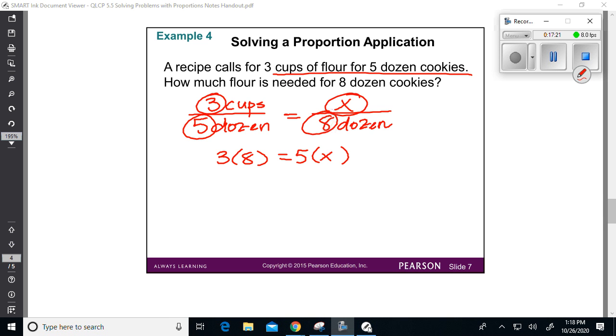Hopefully you didn't get all the way scared off by seeing decimals. So 3 times 8 is 24. 5 times x is 5x. I divide by 5. How many cups will I need? 4.8 cups.